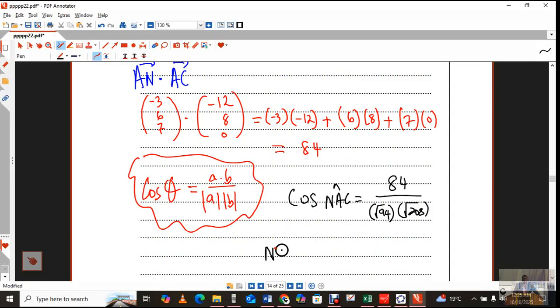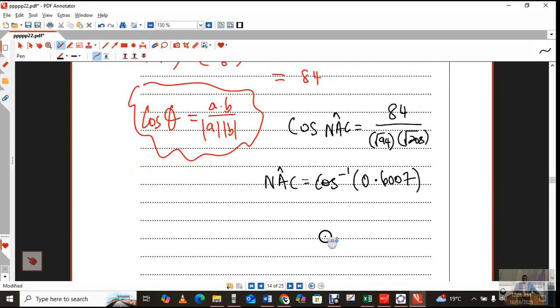So the angle NAC therefore will be the inverse cos of whatever that answer is, which you get as 0.600, and so on.